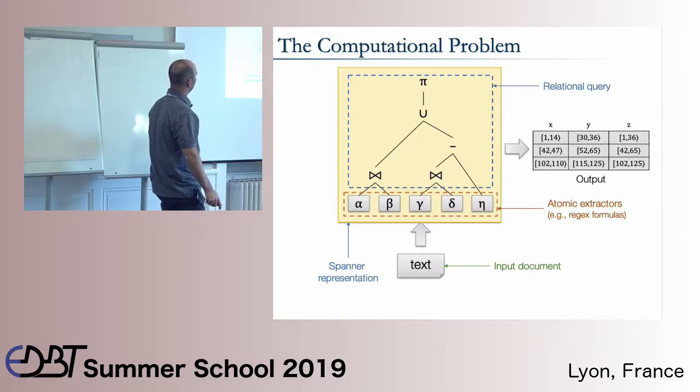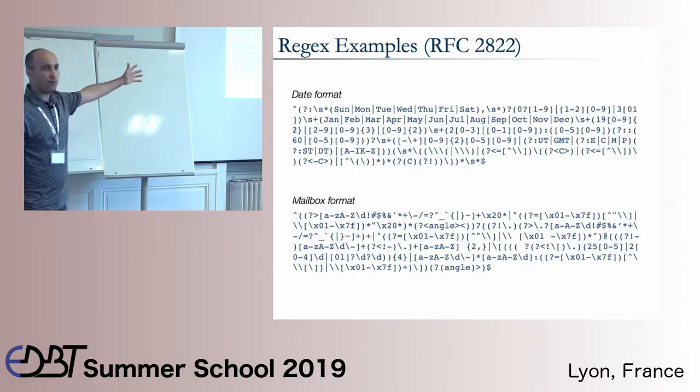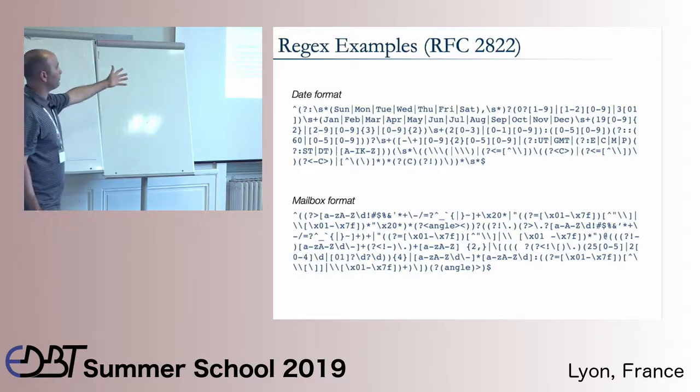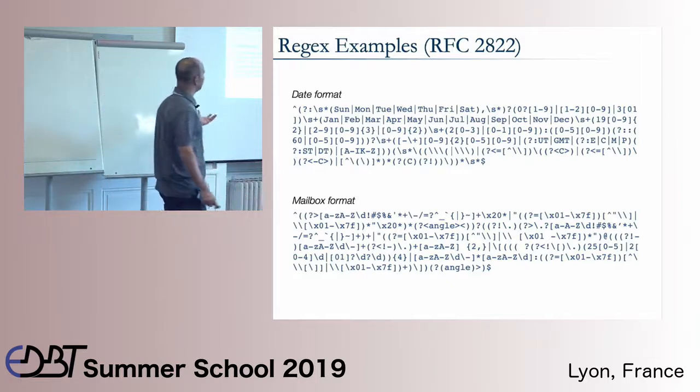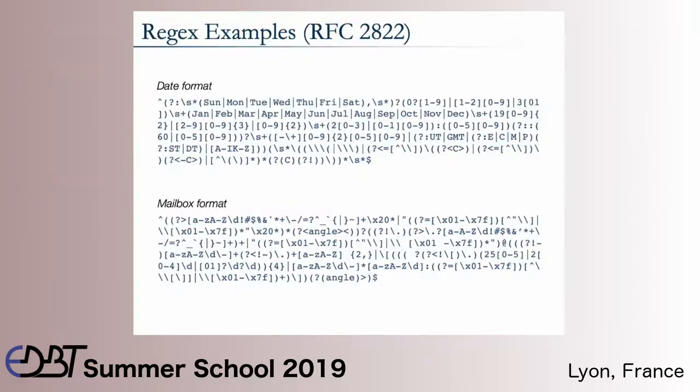Now, when you look at these regex formulas, they can be quite large. These are examples of regex formulas for very specific, very simple tasks. This is the date format of one of the RFCs, and this is the mailbox format.